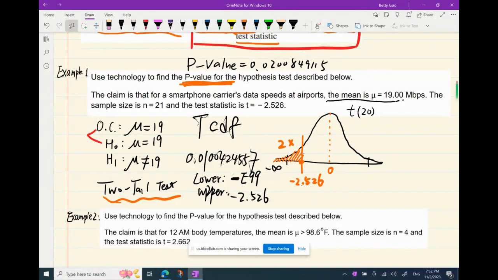How do we find a p-value for two-tail tests? This method doesn't only apply to claims regarding the population mean. If the claim is about the population proportion, it's the same thing. The p-value is always equal to twice the area beyond the test statistic.